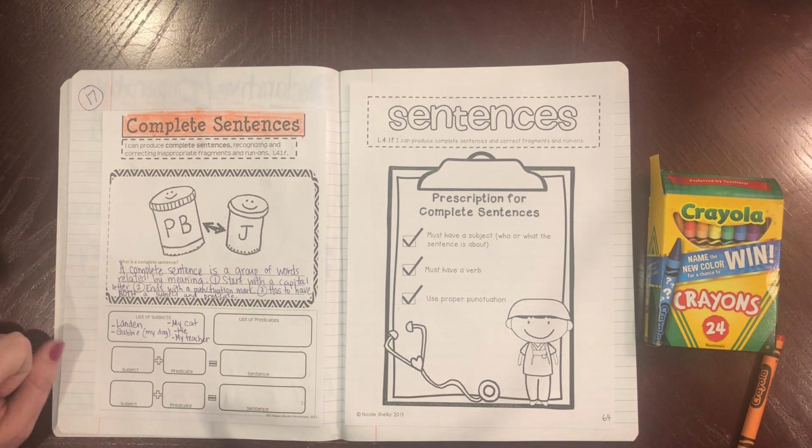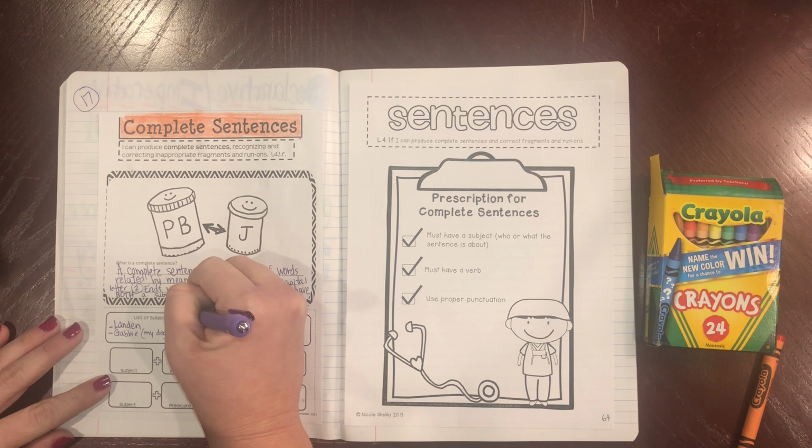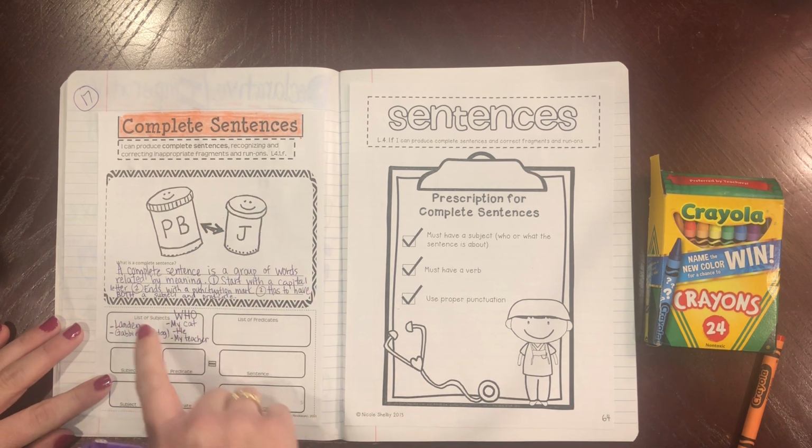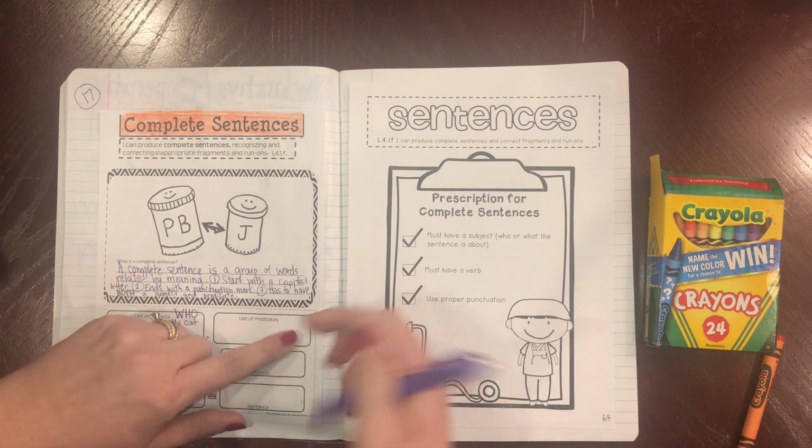So we just listed a few examples of possible subjects, or who, a person, place, thing, that we could say a sentence is about. So we're going to write the word WHO in capital letters, just as a reminder. Subjects are who the sentence is about. Predicates are what they're doing.